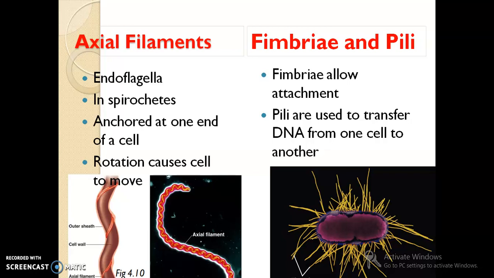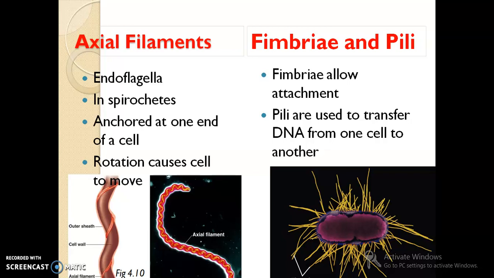The fimbriae are composed of a subunit called pilin. In flagella, the filament is composed of the protein flagellin, while pili are composed of the subunit pilin. They are of two types, namely non-sex pili, the common pili, for example fimbriae, and the sex pili.